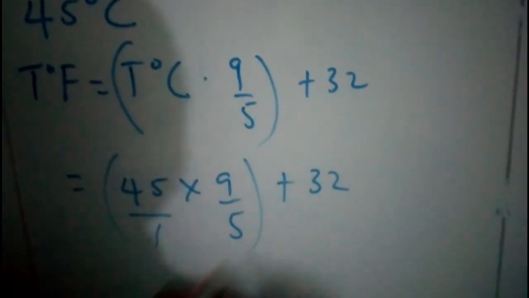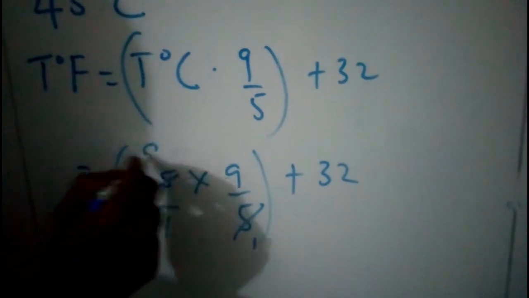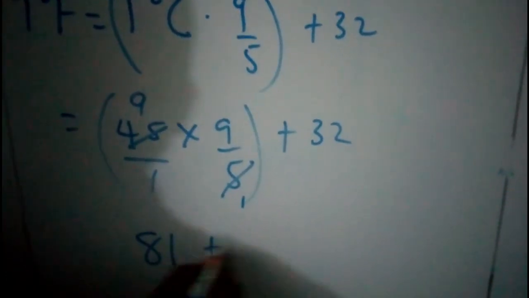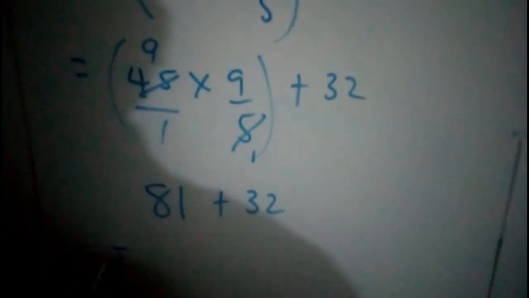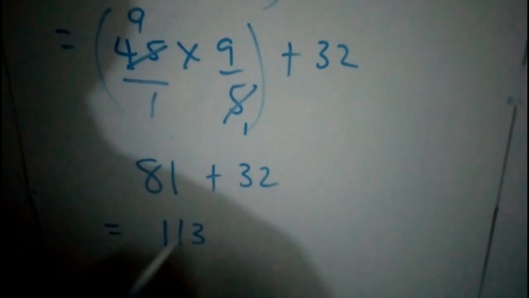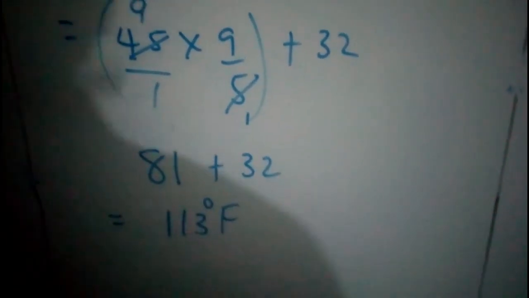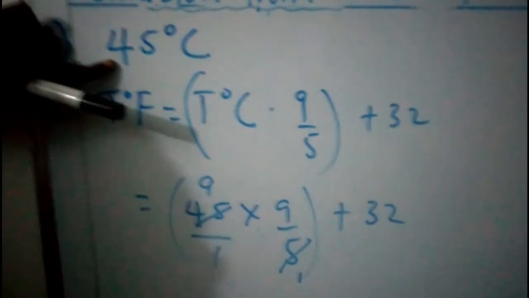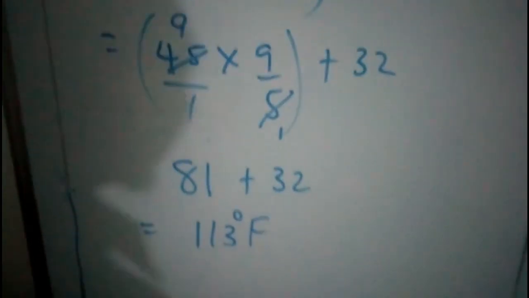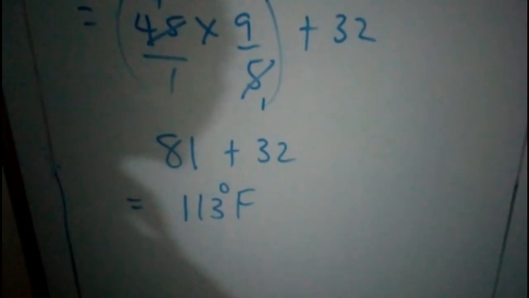So something can cancel out. 5 here, 1. 5 in 45 is 9. So 9 times 9 becomes 81 plus 32. Your final answer should be 113 degree Fahrenheit. So in other words, 45 degrees Celsius in degree Fahrenheit scale is 113 degree Fahrenheit.